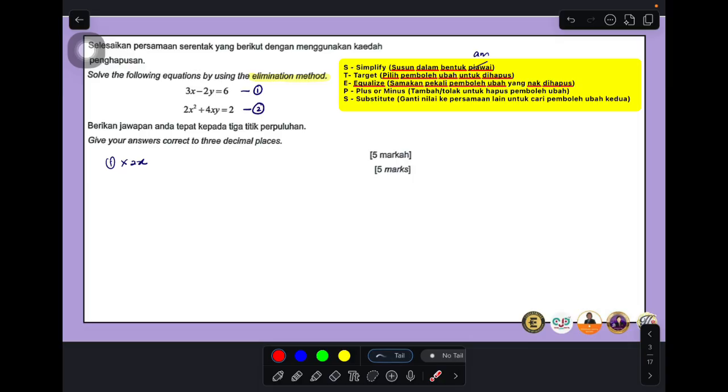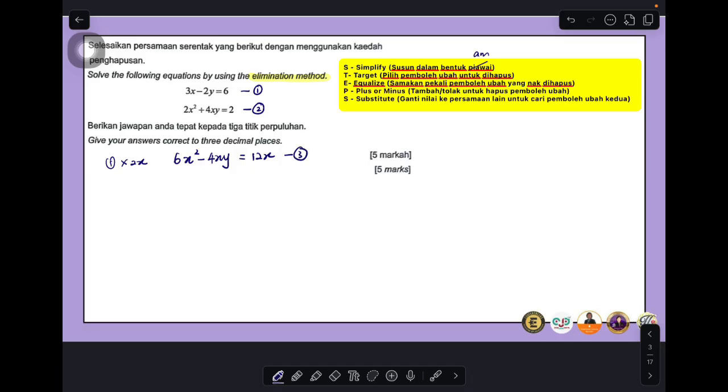So 3x times 2x, 3 times 2, you're going to get 6x kuasa 2. Then negative 2y times 2x, you're going to get negative 4xy. And so on, that equals 6 times 2, which is 12x. So kamu sudah boleh tukarkan persamaan 1 menjadi persamaan yang ketiga.